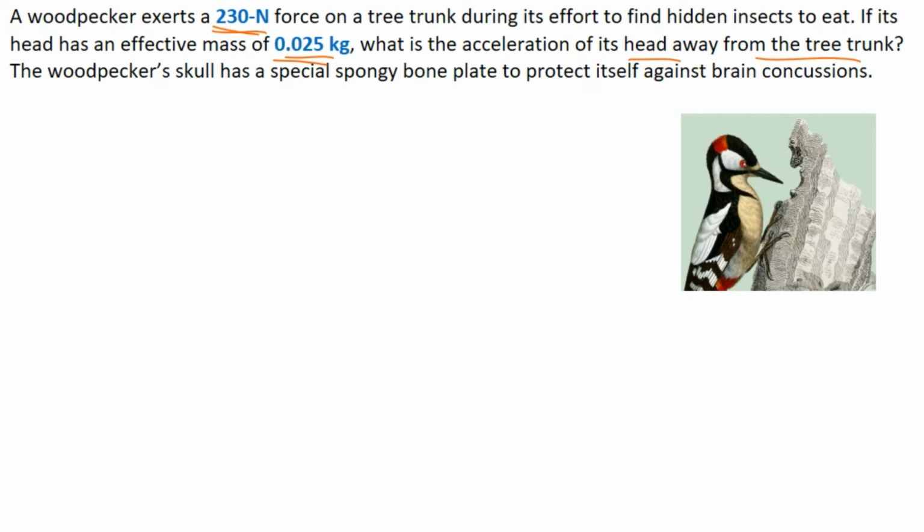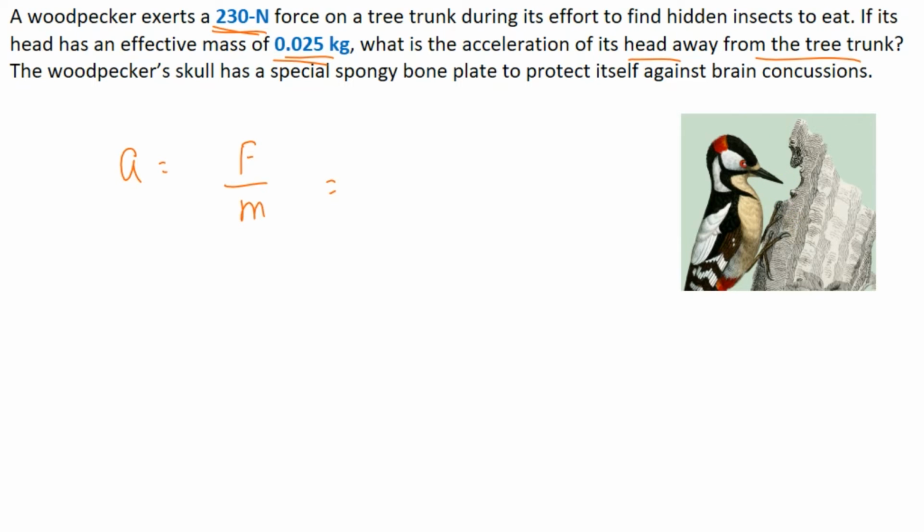From Newton's third law of motion we know that the force exerted by the tree trunk on the woodpecker is equal in magnitude and opposite in direction to the force exerted by the woodpecker on the tree trunk. And by Newton's second law of motion, the acceleration is the force exerted on the body divided by the mass.